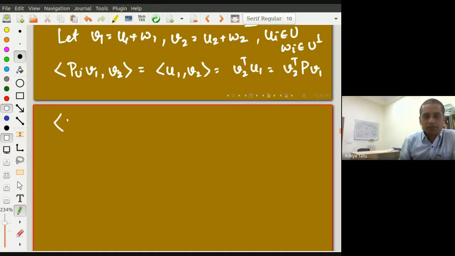Similarly, what happens if I take v1 dot product with PU into v2? What is PU multiplied by v2 going to be?